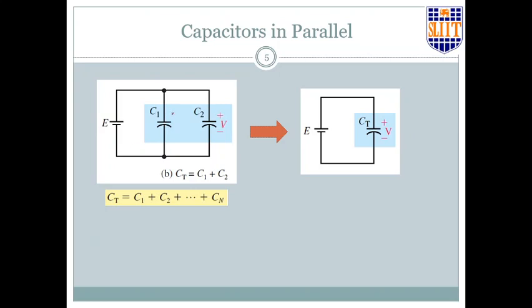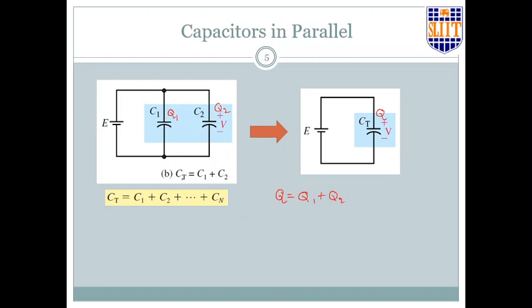If we assume that the charge of capacitor C1 is Q1 and C2 is Q2, the total charge is Q. It's the same voltage, so if it is equivalent, we have to have both sides equal. From that you get Q is equal to Q1 plus Q2, using Q equals CV.